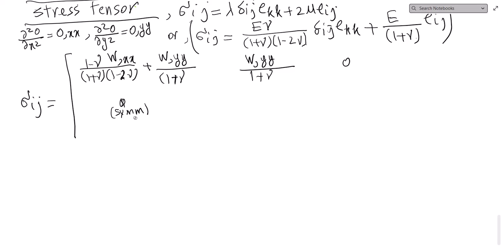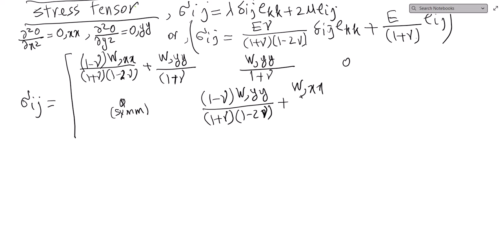This one is similar to 1 1, except there's a bracket missing here, 1 minus mu w yy divided by the same denominator, and then w comma xx divided by 1 plus mu, and then 0, and symmetry again.